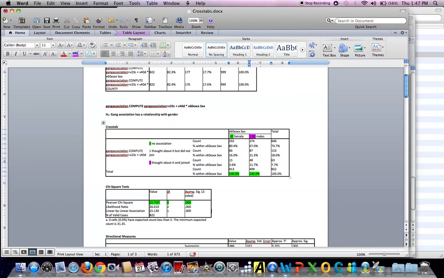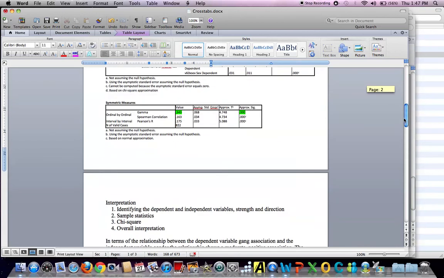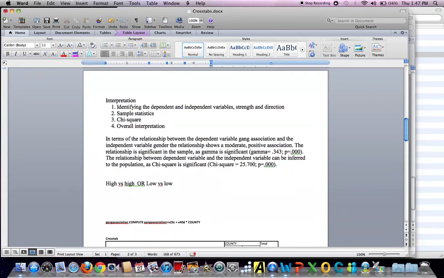So you look at the relationship based on those numbers and say that in terms of gang association, females are more likely not to be associated with gangs, whereas males are more likely to have thought about joining a gang and have actually joined the gang. That would be your overall interpretation. Whichever you choose is fine. You don't have to do both.